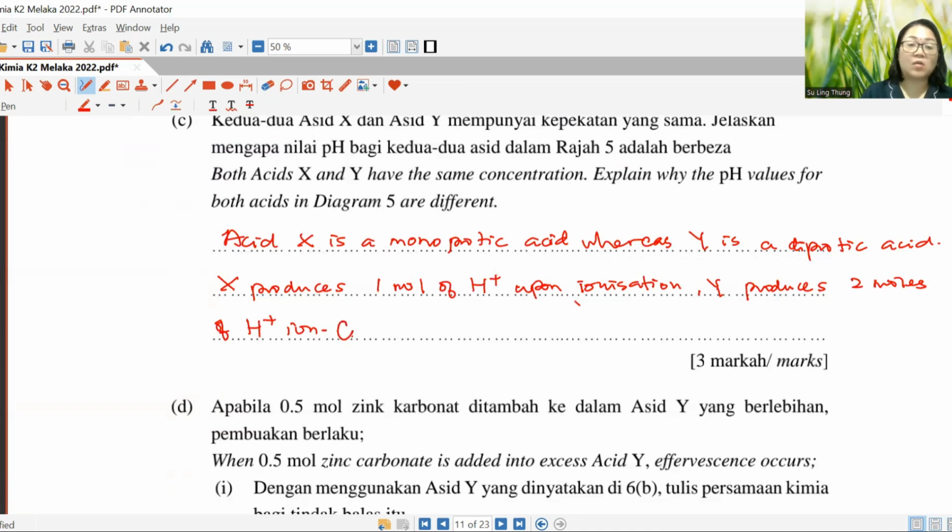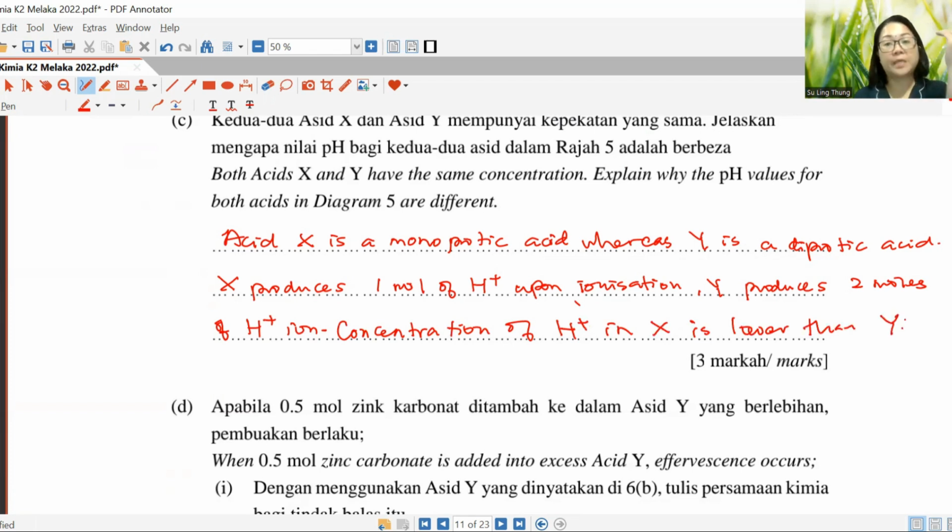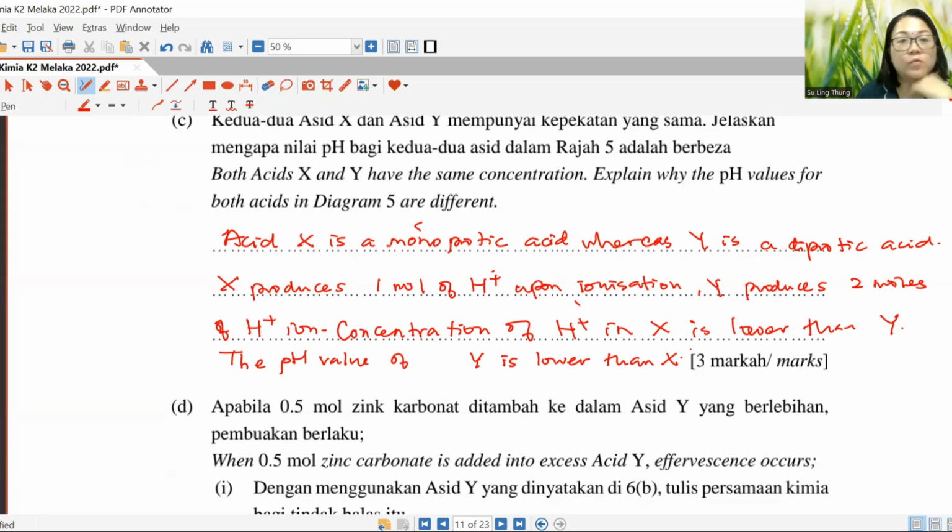And then finally you have to say the concentration of H plus in X is lower than Y, which is why the pH value for, okay, so to make sure you are safe, you can actually mention the pH value. The pH value of Y is lower than X. Okay, this one is to back up, to make sure you can actually get your full 3 marks.